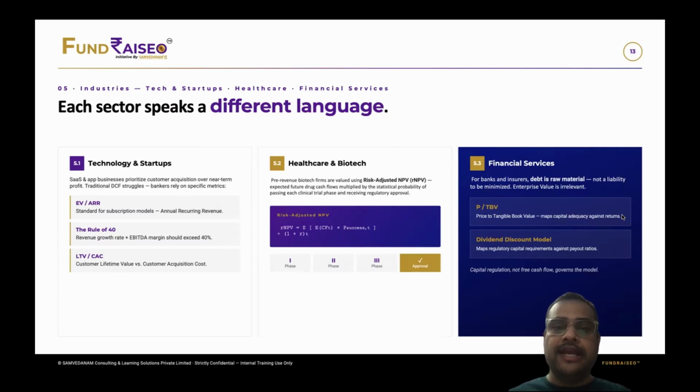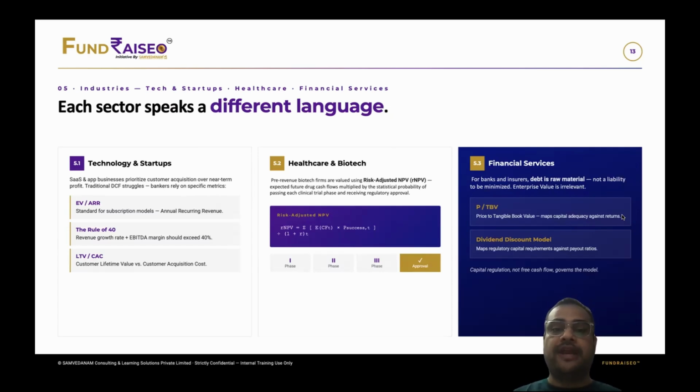Hence, any expected future drug cash flows are multiplied by the statistical probability of passing each clinical trial phase and receiving regulatory approval. That becomes the way of valuing healthcare and biotech firms.